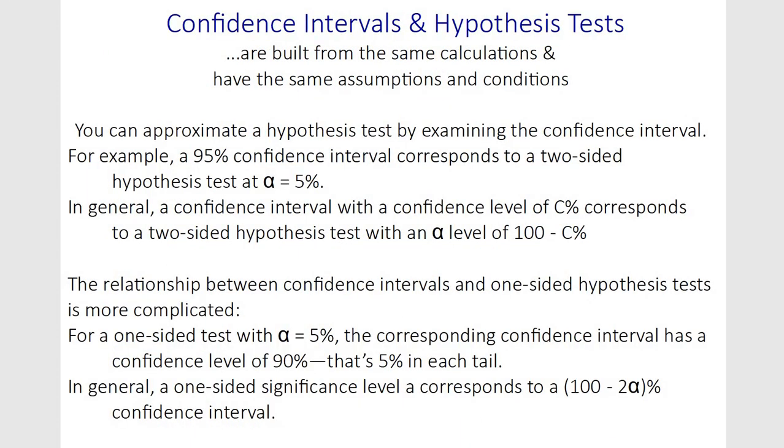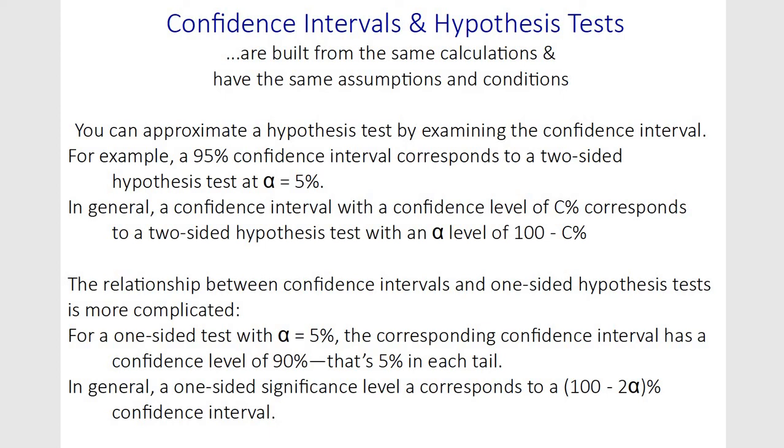Okay, so your confidence intervals and your hypothesis tests are actually one and the same, kind of. So they're built from the same calculations, and they have the same assumptions and conditions. So we can approximate a hypothesis test by examining the confidence interval. So if you have a 95% confidence interval, that's a two-sided hypothesis test with an alpha level of 5%.